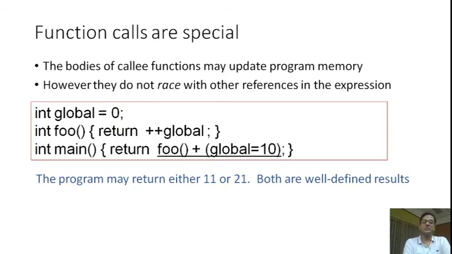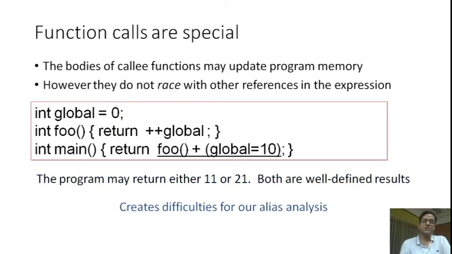Thus, while the program may return either 11 or 21 in this case, both would be well-defined results, and this evaluation would not yield undefined behavior. This type of non-determinism creates difficulties for our alias analysis, and we have handled such cases soundly in our paper.